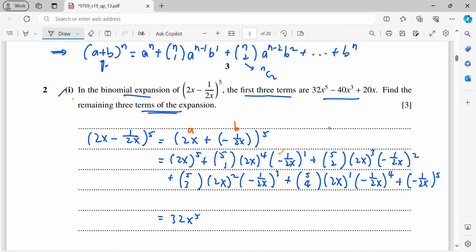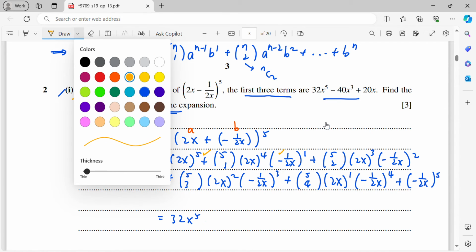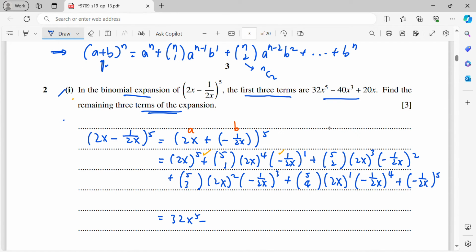This minus and plus will be a minus. So you will be getting minus 40x cubed. Then the next term is plus 20x, then minus 5 over x, plus 5 over 8x cubed, and then minus 1 over 32x^5.